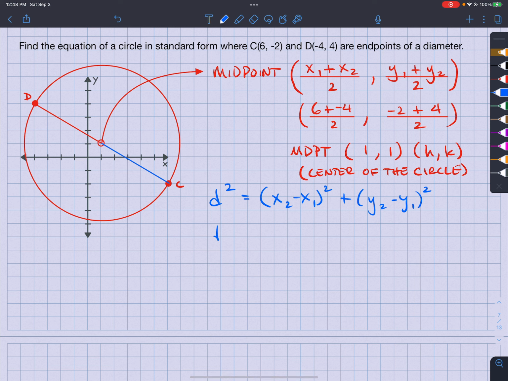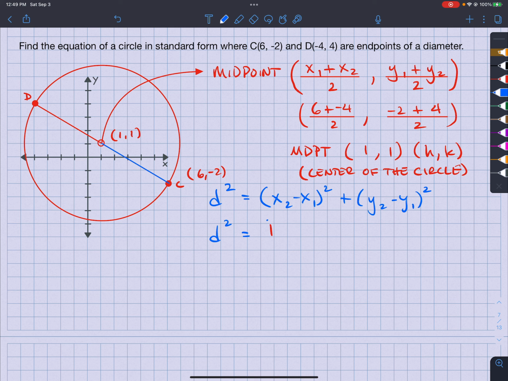All right, so the distance is equal to, let's see here. So we're going to use 1, 1. Let me go ahead and put that in here. So this is 1, 1. And this C here is 6, comma, negative 2. So let's go ahead and put those in there. X, I'll use a 1 first. Why not?